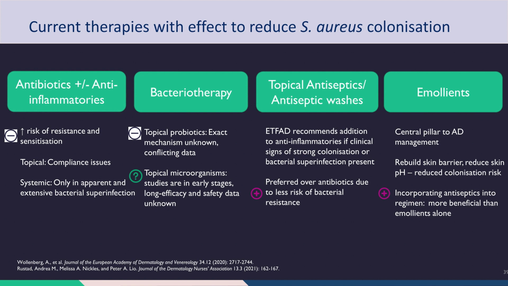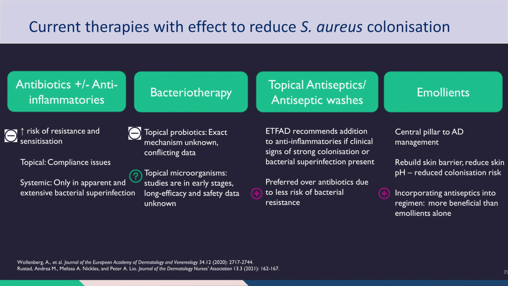No magic cream yet. Topical microorganisms: we don't know about the long-term efficacy and the safety data. The topical antiseptics: there is a recommendation by ETFAD, in addition to anti-inflammatories, if clinical signs of strong colonization or bacterial superinfection are present, this is preferred over antibiotics due to the risk of less bacterial resistance, okay?